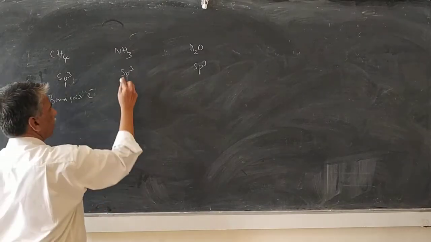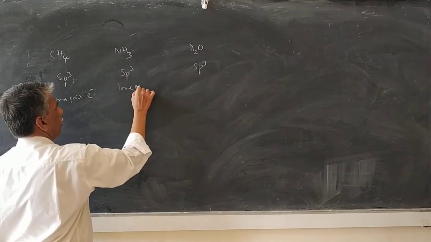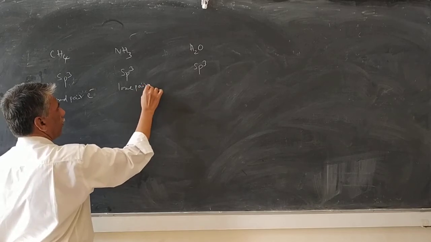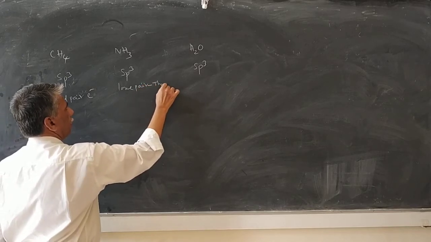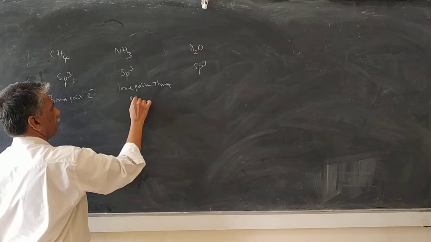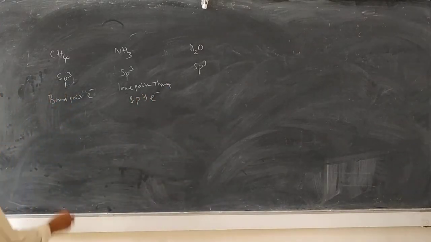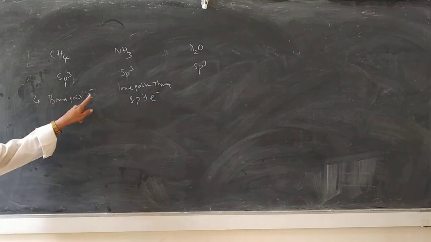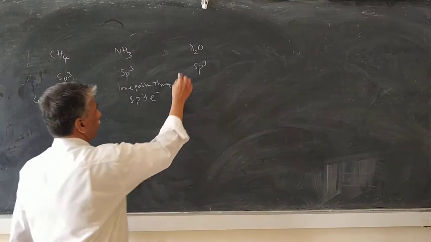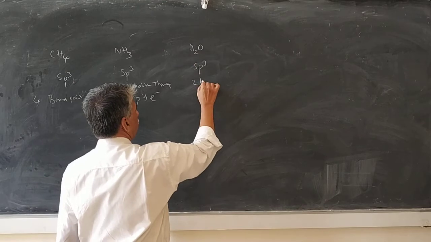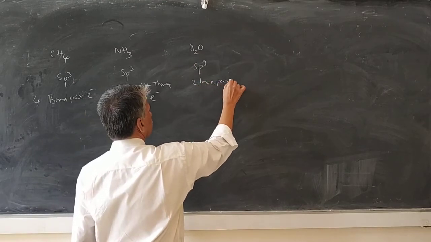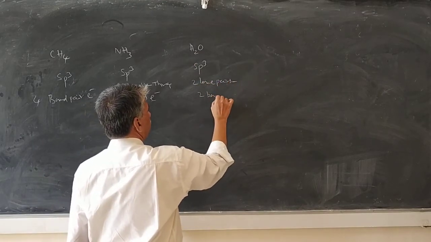Whereas in this case, there is a lone pair of electrons and three bond pairs. Here, all four are bond pairs of electrons. Here, there are two lone pairs and two bond pairs.